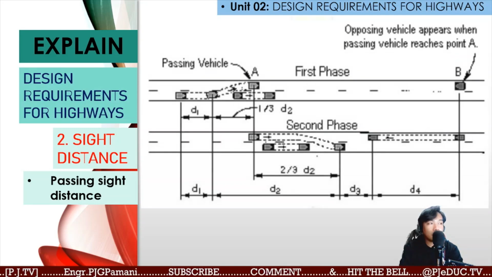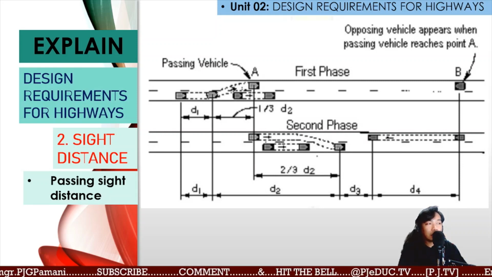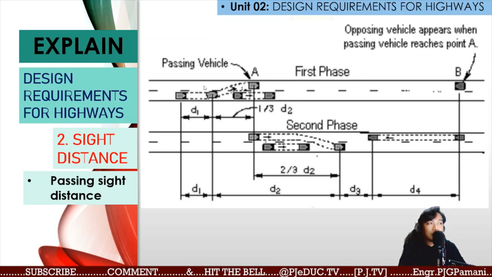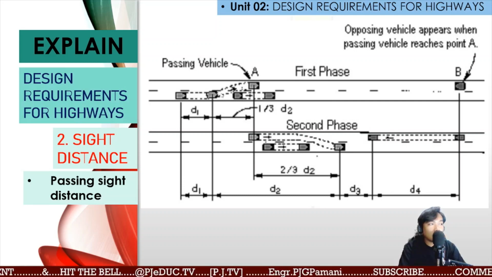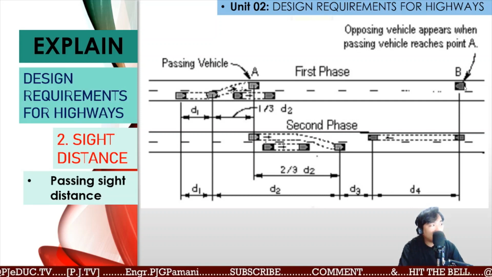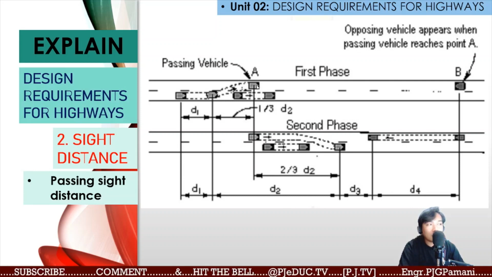An example figure, this is how do we interpret the data for passing sight distance. For passing vehicle, ito yung constant speed, ito ngayon yung mag-overtake the vehicle. Of course, meron tayong minimum distance at which an opposing lane vehicle should collide or should not collide with the overtaking vehicle. No?